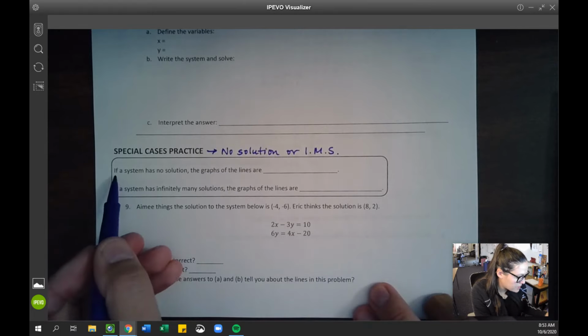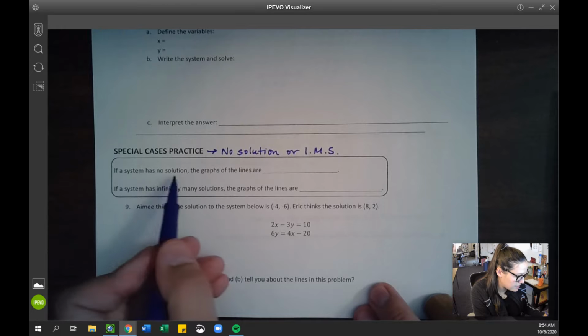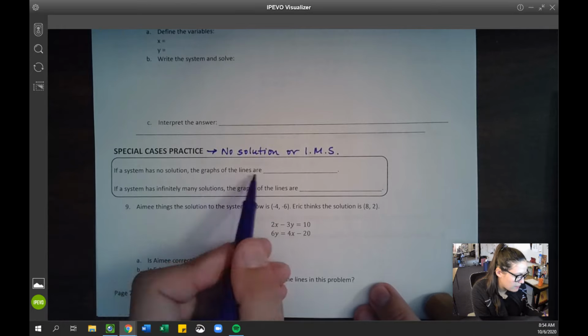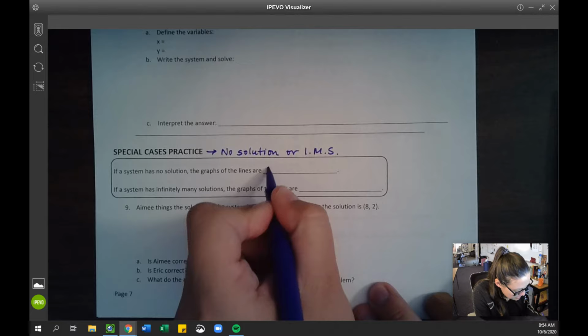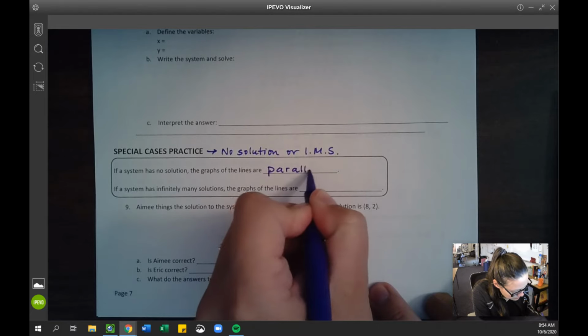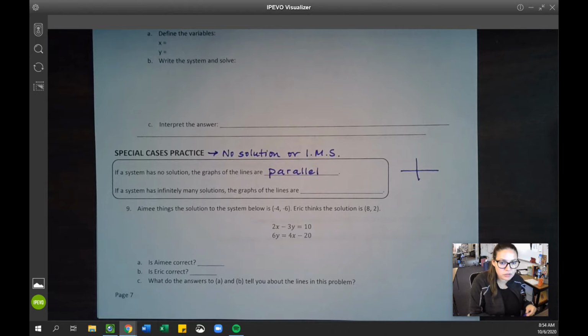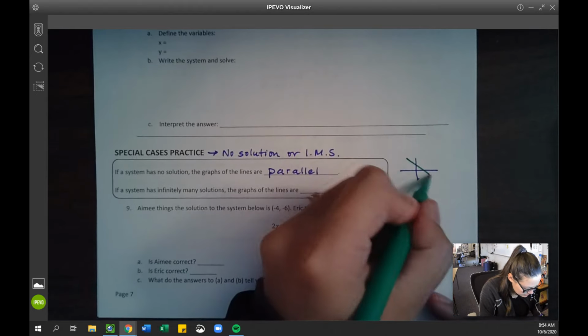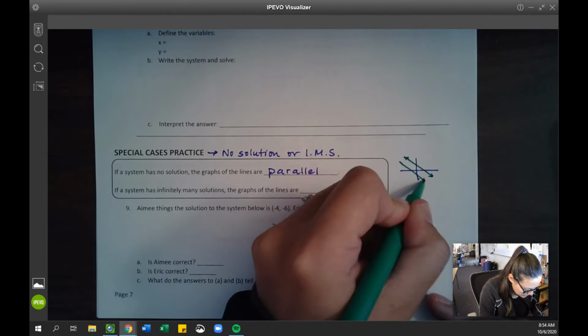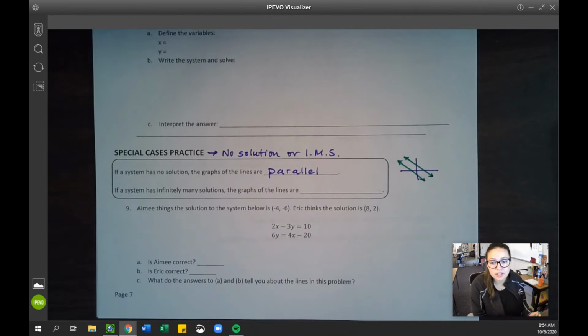So one of the first things we talked about is that if a system has no solution, that means the graphs of the lines are parallel, right? And this makes sense because if I graph 2 lines and they are parallel, that means they are never going to intersect, which means there's no solution.